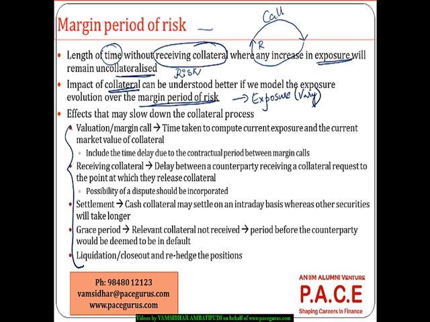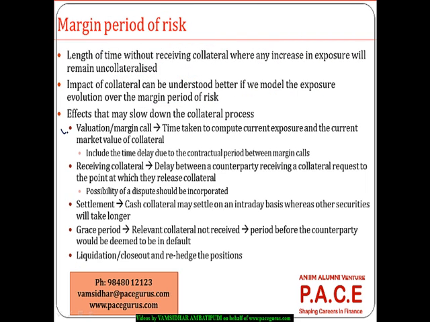Generally, we see 4 or 5 major areas where the collateral process can be slowed down. There are 4 or 5 important stages in this process which build up my margin period of risk. See this valuation or a margin call. How much time I am really taking, different timelines overall adding up to the margin period of risk.